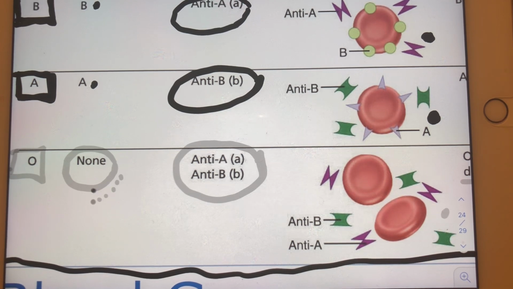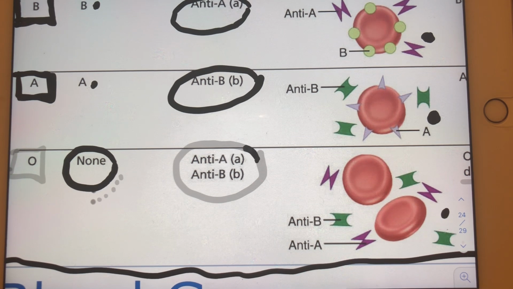Okay, notice in our last example here that erythrocytes wear neither the A or B agglutinogen, neither the A or B name tag, okay? Therefore, if this person were to make anti-A and anti-B antibodies, they wouldn't be attacking themselves.